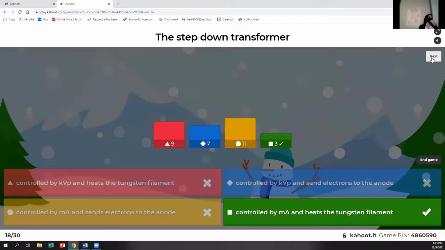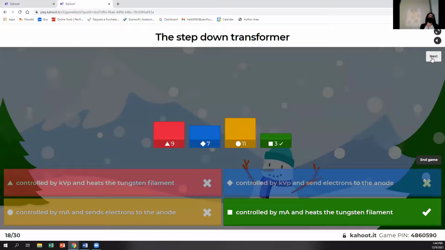What it's doing is taking the power from the wall, turning it way down, because you don't need much power to heat up the tungsten filament and create electrons. That's what the step down transformer is doing.